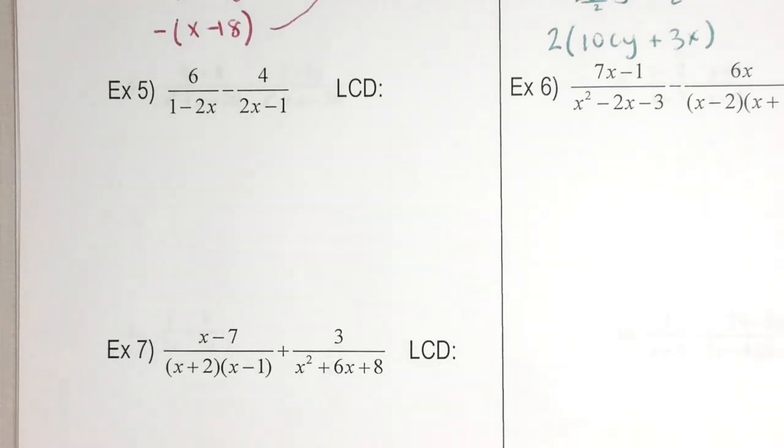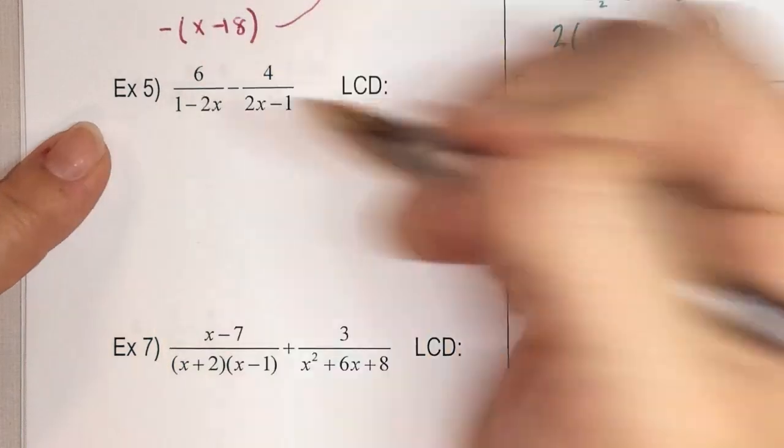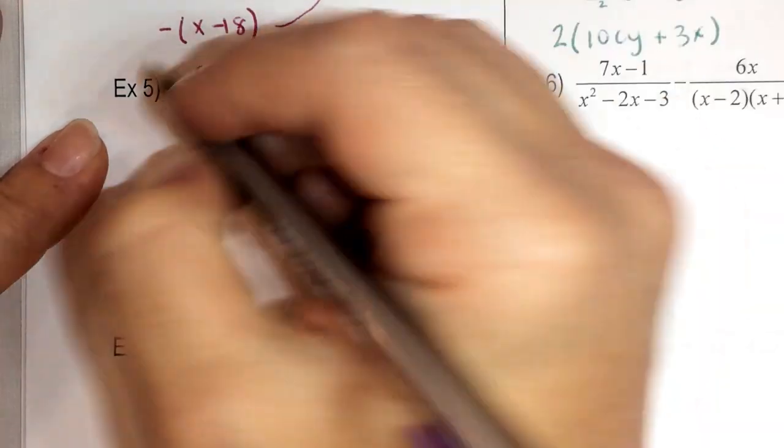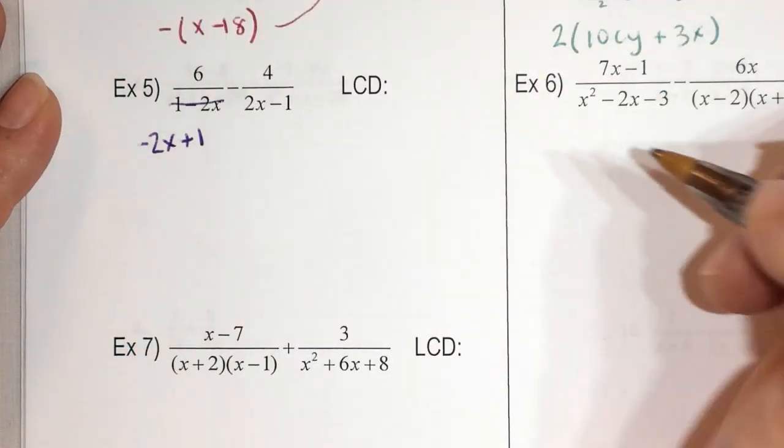Okay, so when you put it in order, what do you get? Be careful. What's negative? Yeah, so you get negative 2x plus 1 because that's a positive 1 in front.